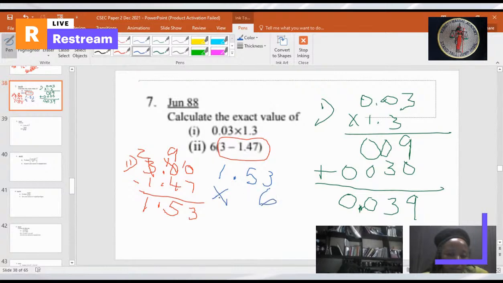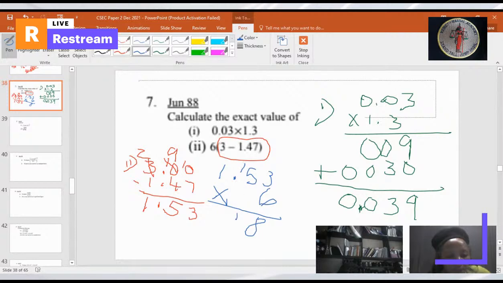All right, and we would get what? 6 threes is 18. Put down the 8, carry the 1. 6 fives is 30, plus 1, that's 31.